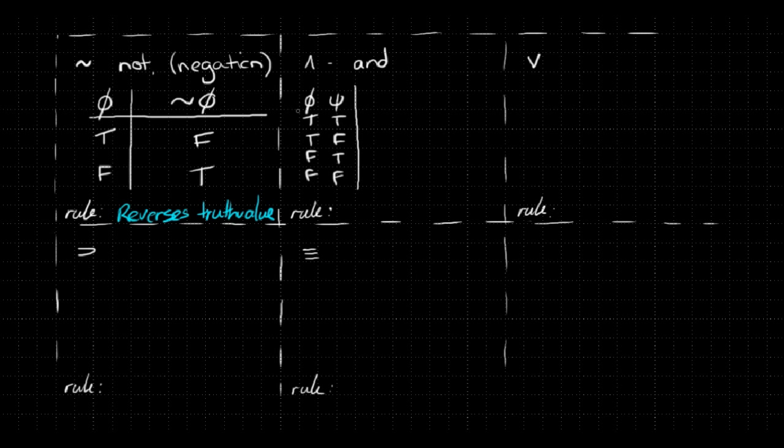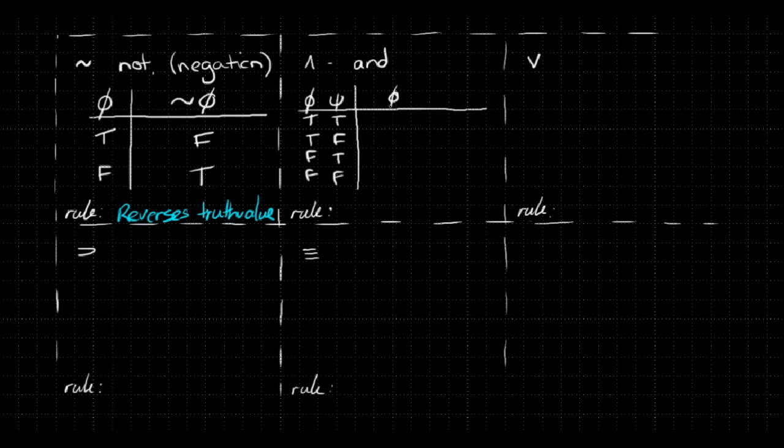That's what we're doing when we make a truth table, is we're looking at every conceivable combination of truth values for the constituent parts and seeing how that affects the overall truth or falsity of the formula.